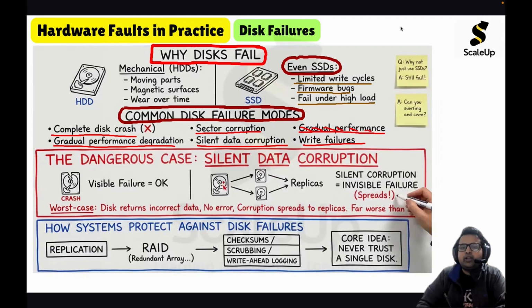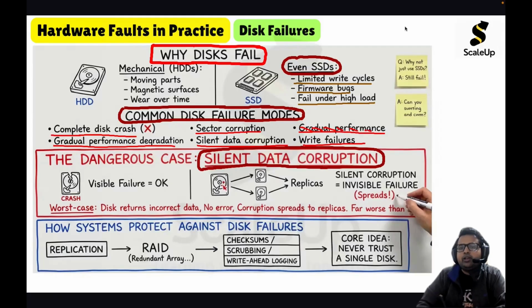Now there is one very dangerous case. These are some different common disk failure modes, and the most dangerous among all of them is silent data corruption. Because just imagine if the data silently gets corrupted, it can be very dangerous.